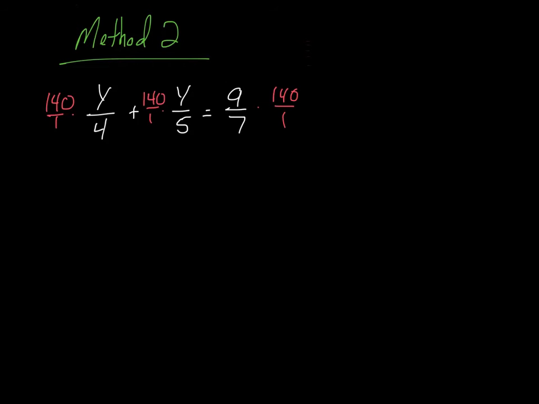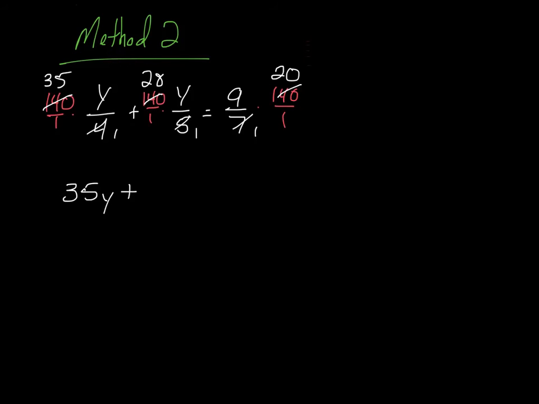I do some cross canceling here as I'm doing my multiplication. Then I simplify these terms. This first term, I'll get 35 times y in the numerator and a 1 in the denominator. Since there's just a 1 in the denominator now, I can just write this as 35y.